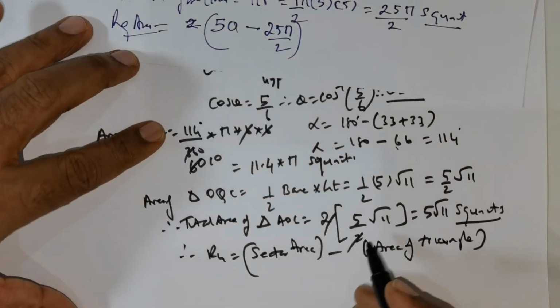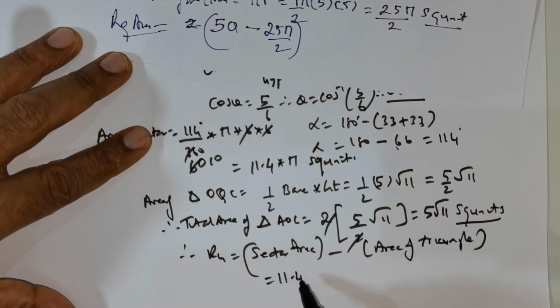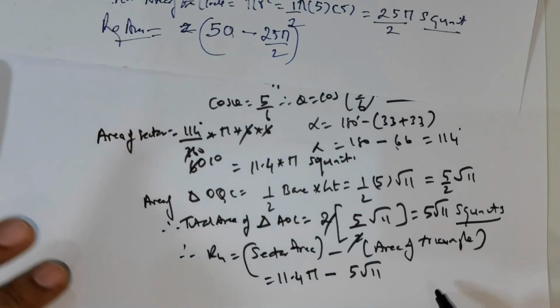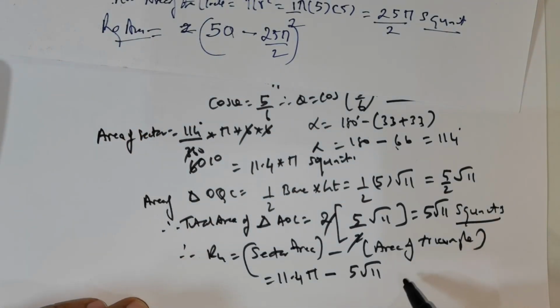So the sector area is 11.4 times pi, minus 5 times root 11, that is the area of the triangle. Now we need to evaluate this to get R4.